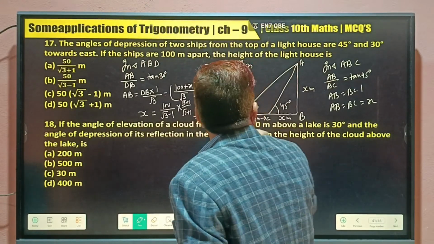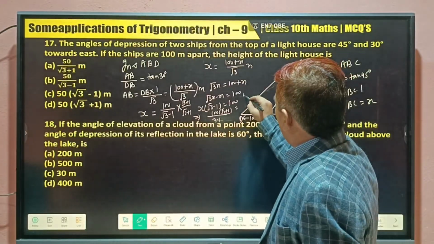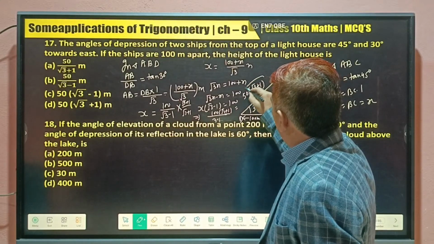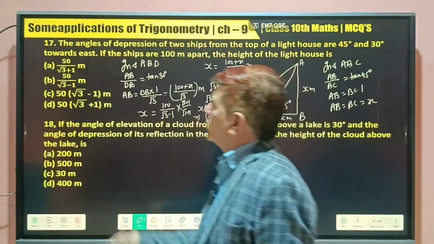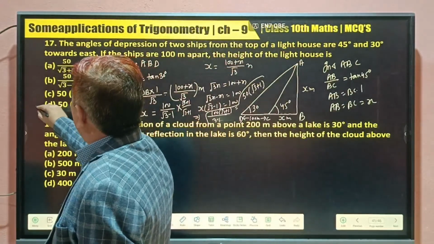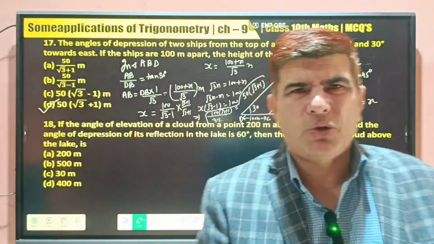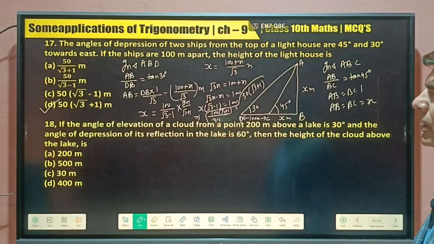So what's coming? 2, cancel it. So what's your answer? 50 under root 3 plus 1. So D is your answer. So I told you, how can you solve under root 3? This is the matter here.